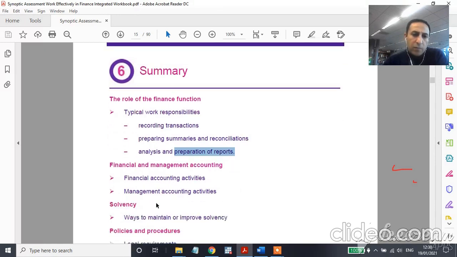In terms of financial and management accounting, these are two different things, and each of them is responsible for a different issue. For example, financial accounting is responsible for the external matter, and they prepare accounts annually. They are focused on the historical data. They are responsible for preparing the financial statements, including the statement of profit and loss and the statement of financial position.